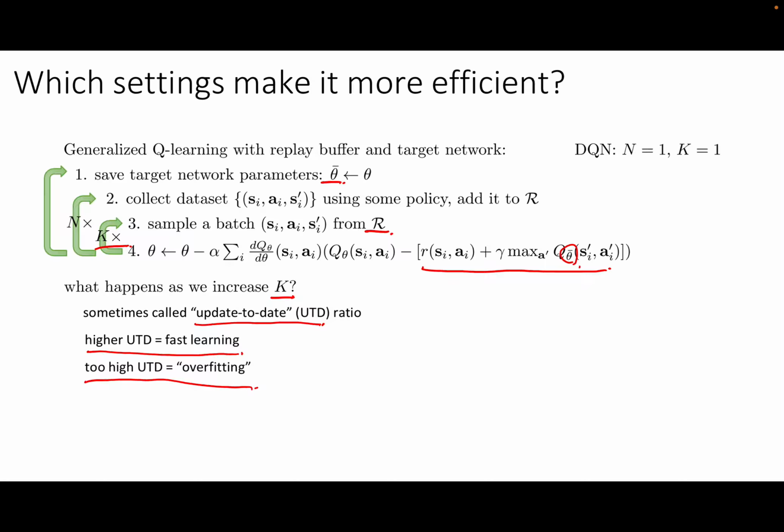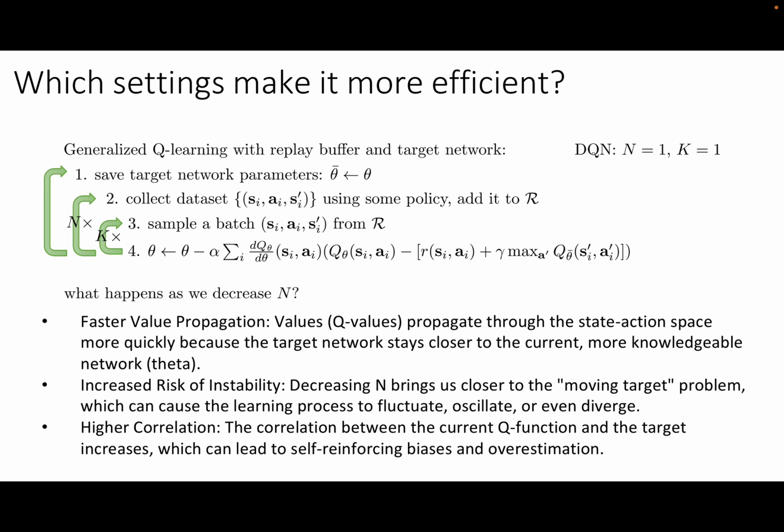If K is too high, the network is trained on the same batch, and Q theta bar is also a fixed network, so our Q theta can be overfitted to this replay buffer and Q theta bar. So if K is in a reasonable range, it makes training faster. But the problem is if we set K too high, it might suffer from overfitting.